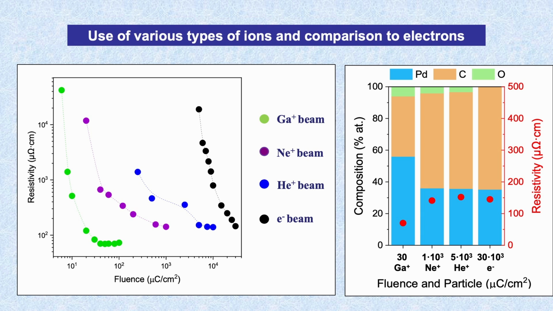We have tried several ions. Apart from gallium, we have tried neon irradiation, helium irradiation, and electron irradiation. And here you can see that the lowest fluence is obtained for gallium and the lowest resistivity. So the optimization is produced by the fact that we have the largest palladium content, almost 60%.